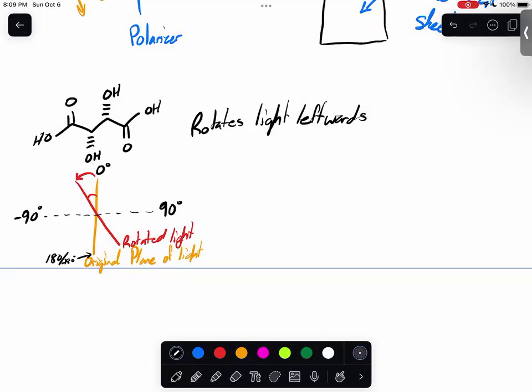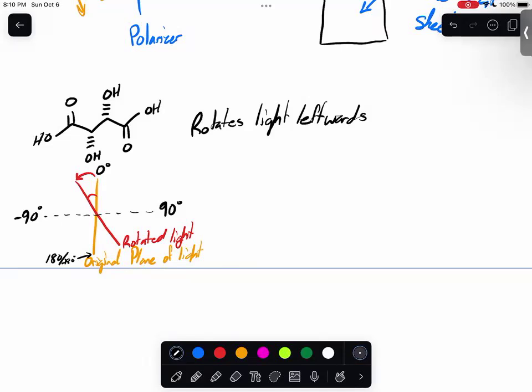And the way we actually measure that is by something called polarimetry, right? I would normally have a polarimetry demo to show you all, but this is the best I can do with the situation we're given. So essentially the light is being twisted towards the negative 90 degree direction, right?